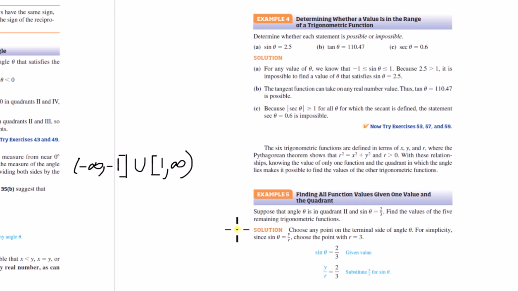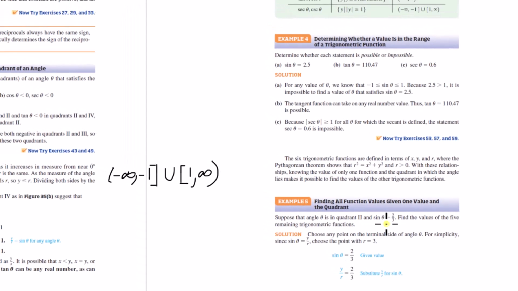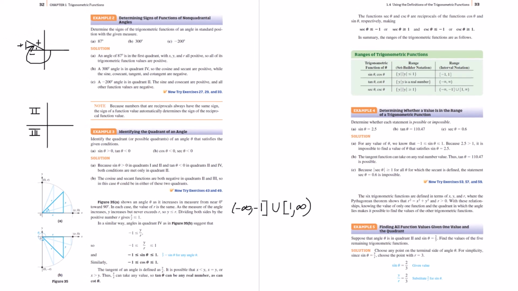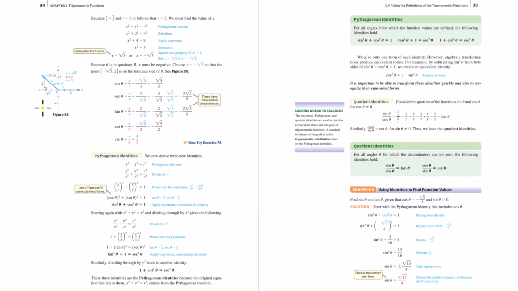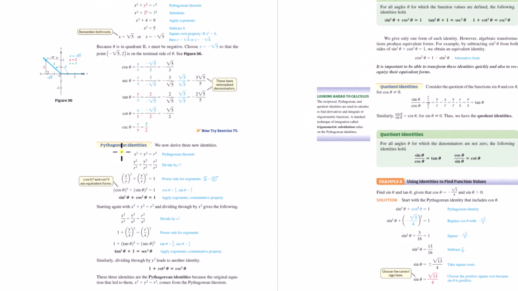You know that the radius is always positive, and you know the domains and the ranges. So if all you know is that you're in quadrant 2 and what the sine of theta is, you can get all the other trig function values. I'm not going to go through this example here, but we'll work examples just like this in the next video.